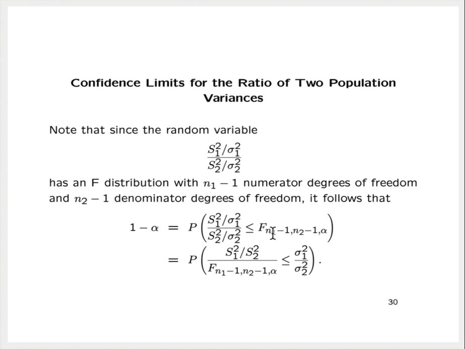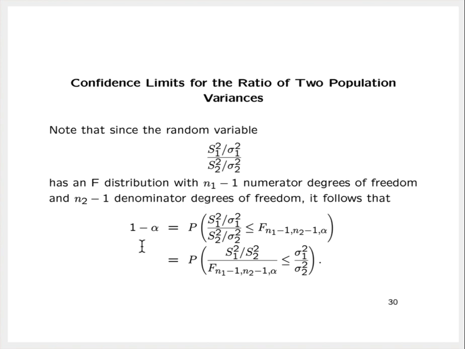Because of this, and based on the definition of the upper alpha percentage point of the F distribution with those numerator and denominator degrees of freedom, the probability that this random variable takes on a value less than or equal to this upper alpha percentage point is 1 minus alpha.